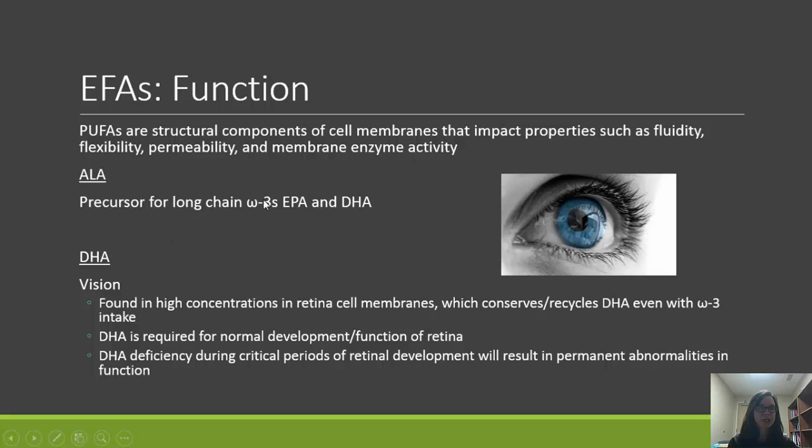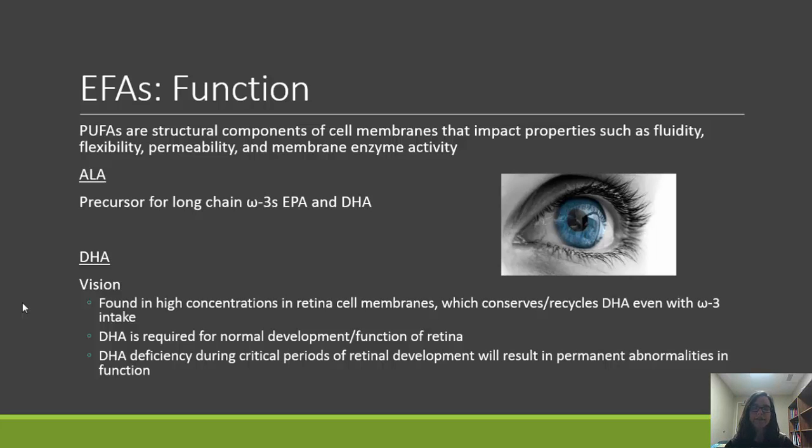So ALA is a precursor, and then DHA, which is our ultimate product from ALA and EPA, has a few very specific benefits. First, we know that it impacts our vision. DHA is found in high concentrations in the cell membranes of our retina, and our retina conserves and recycles DHA because it's so vital to the function of our eyes.